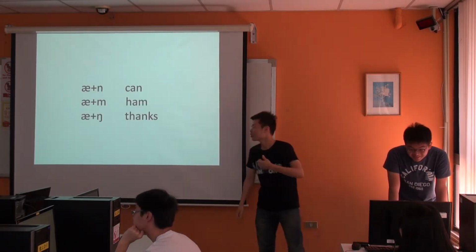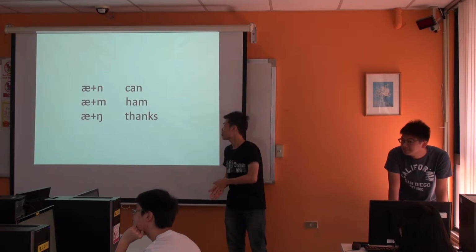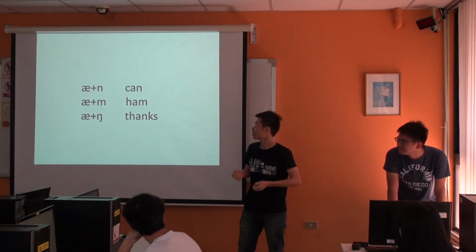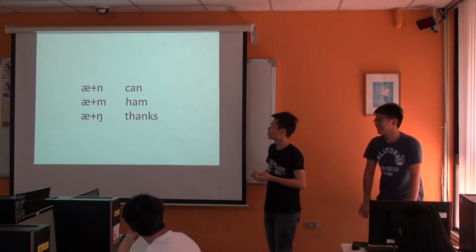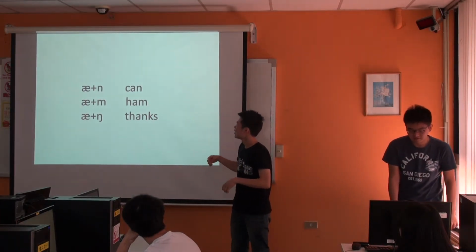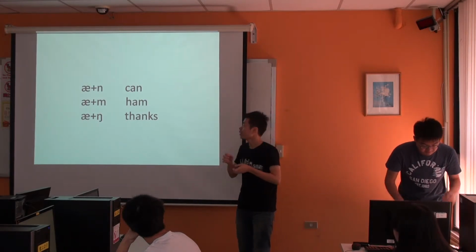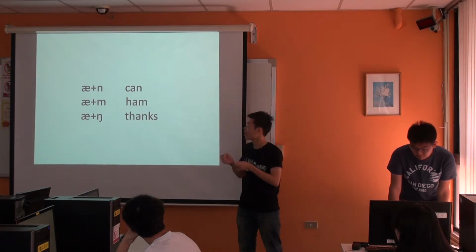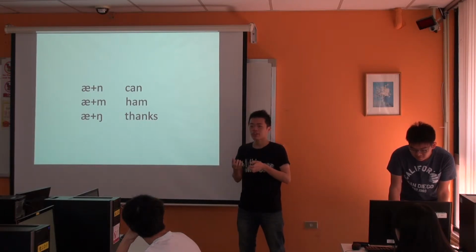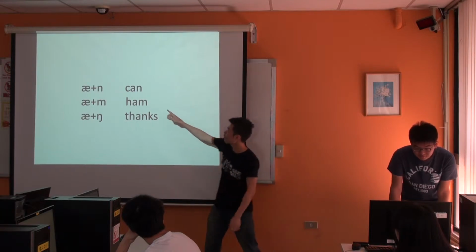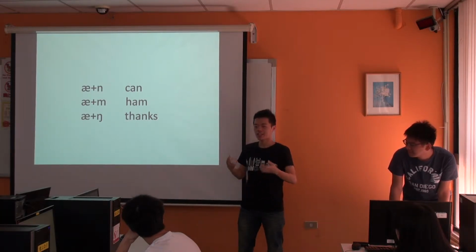And next part, I will introduce the pronunciation of A in American and British pronunciation. That's A. There is a little bit of difference in American and British English. In American pronunciation, for example, can will be can.